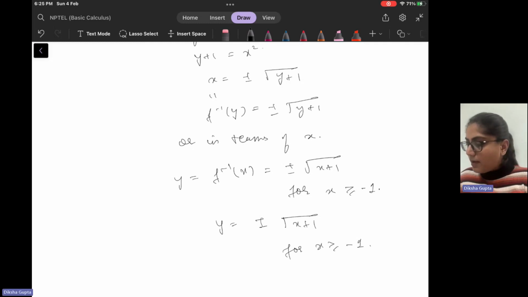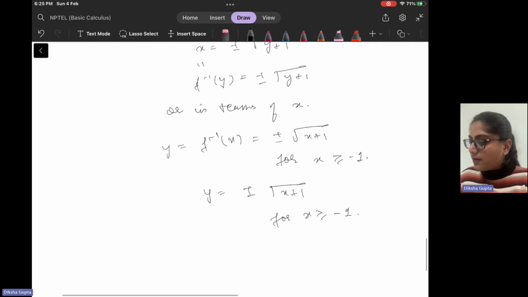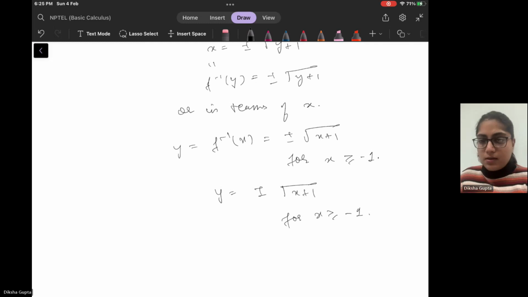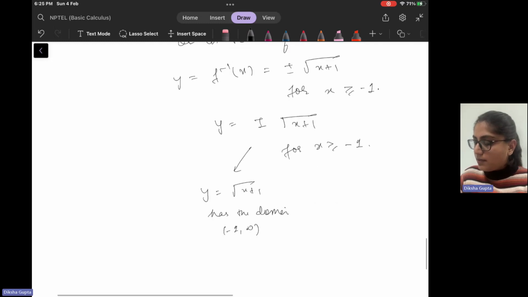So our inverse function, if we denote this by y, is y equals plus minus root x plus 1 for x greater than or equal to minus 1, right? But also you have to note that y equals root x plus 1 has the domain minus 1 to infinity and y positive, and y equals minus root x plus 1 has the domain minus 1 to infinity and y less than or equal to 0.